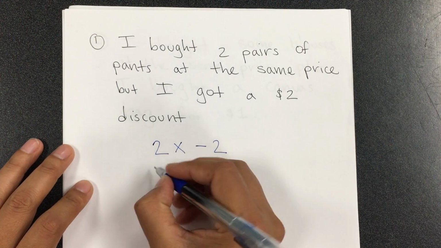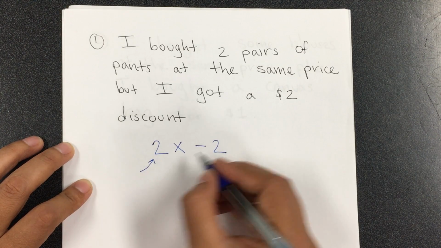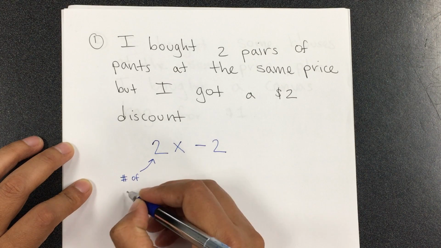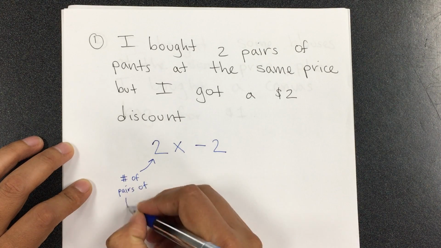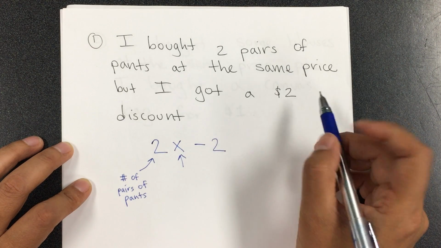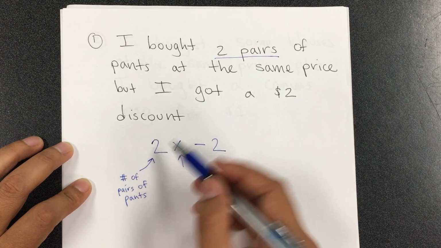And so what does each part represent? Well, the coefficient is the number of pairs of pants. The x represents, okay, the 2 pairs of pants is the 2.